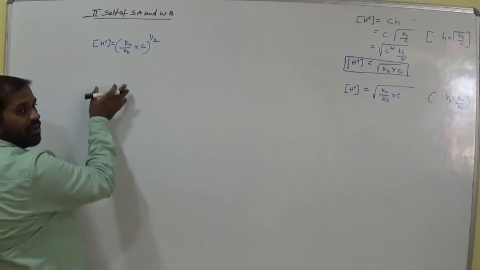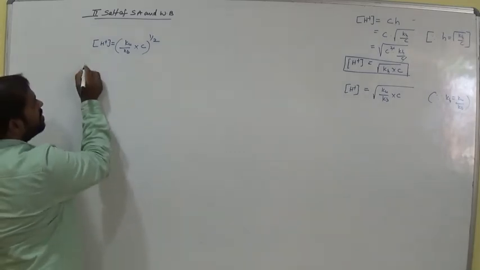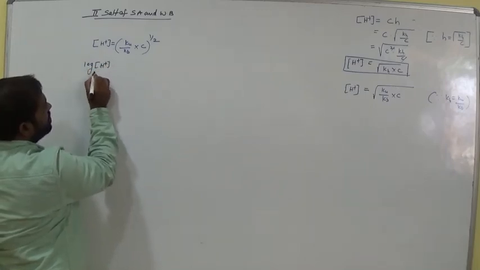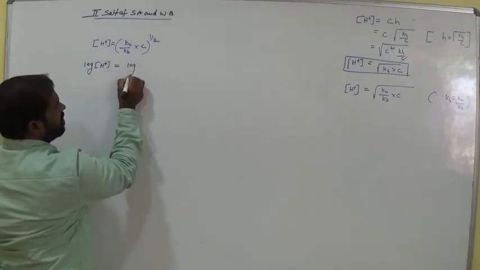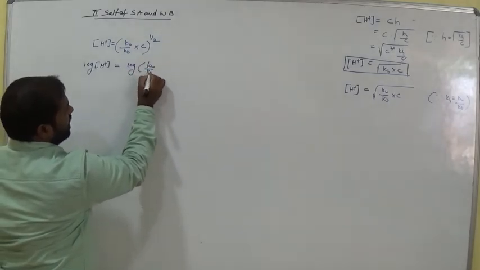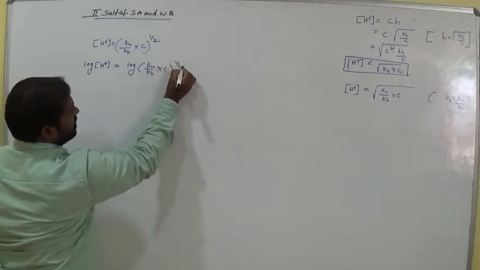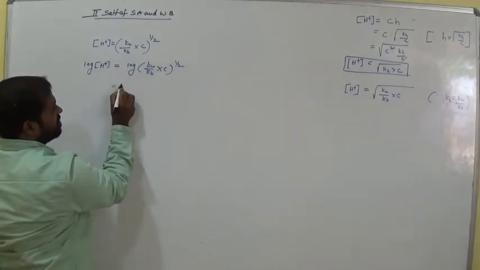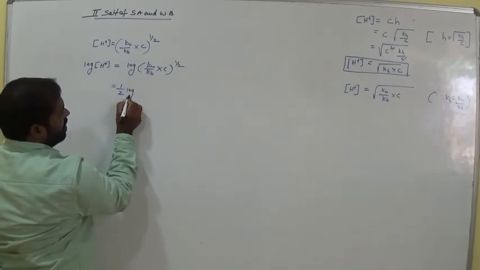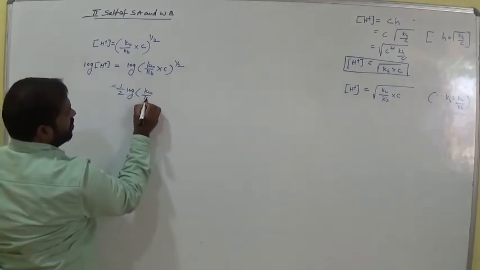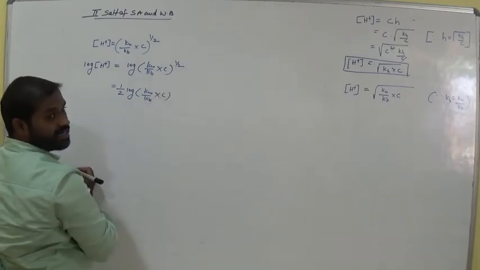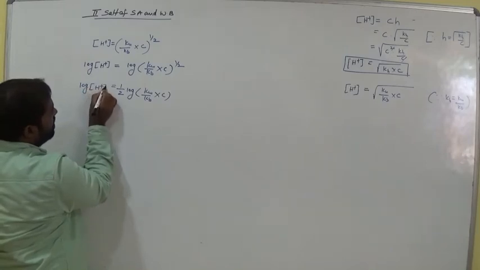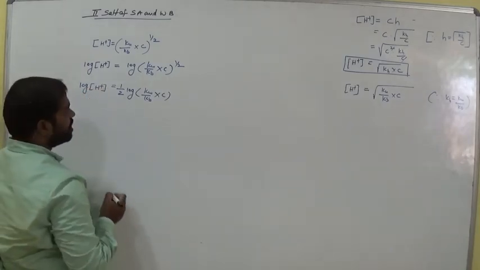Clear? Now apply log on both sides. Now it is log H plus equals log KW by KB into C whole power 1 by 2. Am I right? According to logarithm, this power comes as a coefficient of log KW by KB into C. Am I right? That is log H plus. Am I right? Clear all of you?